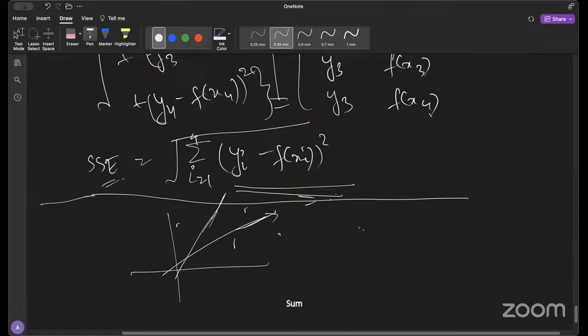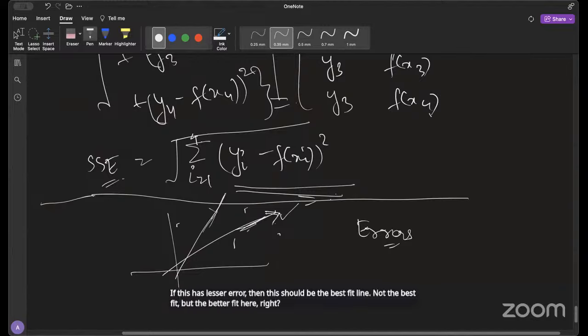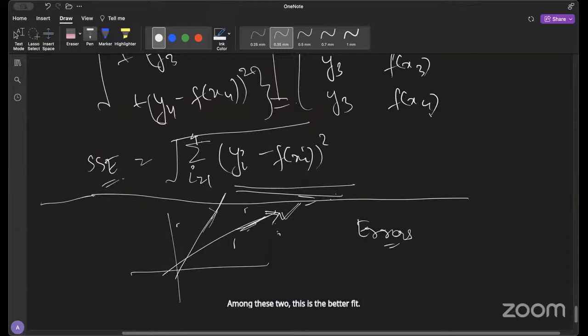The one with lesser error should be the best fit line, right? If this has lesser error, then this should be the best fit line. Not the best fit, but the better fit here. Among these two, this is the better fit if it has lesser sum of squared errors. Okay, got it.